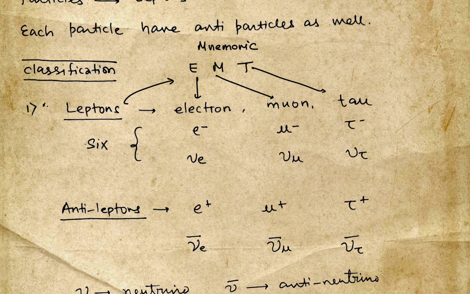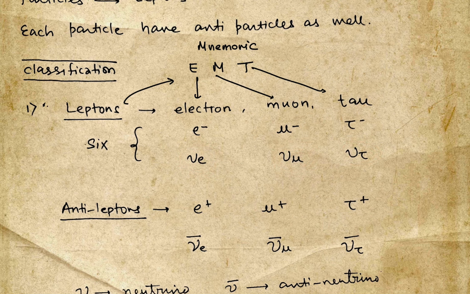Notice that the charge is indicated in the upper right corner: minus, minus, and minus. So they all have a charge of -1 proton unit. Now, for each electron, muon and tau, you will have its neutrino counterpart. We call them electron neutrino, muon neutrino, and tau neutrino.